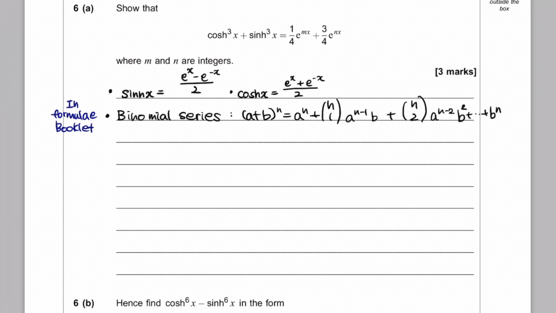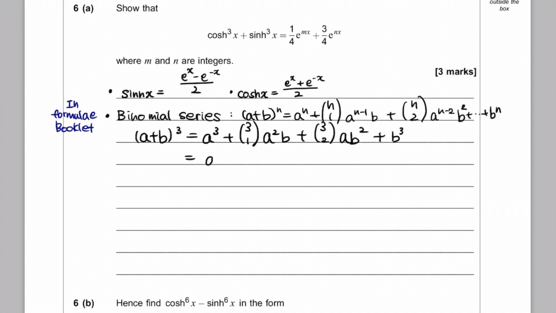For this question, they're asking for the power of 3, so let's substitute n equals 3 into the binomial series, which gives you (a plus b) to the power of 3 becomes a cubed plus 3 choose 1, a squared times b plus 3 choose 2, a, b squared, and then a gets removed because 3 minus 3 is 0, a to the power of 0 is 1, so now b to the power of 3 is our last term.